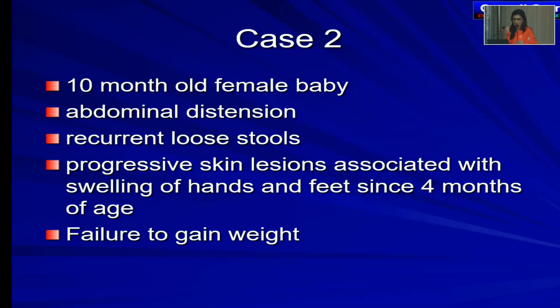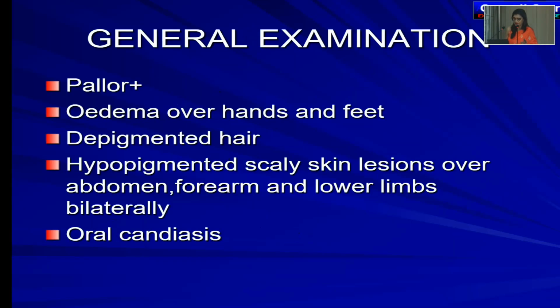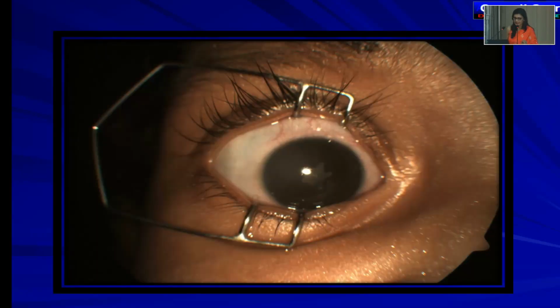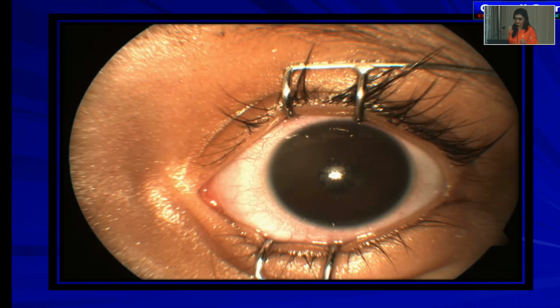This child, a 10-month-old female baby with abdominal distension, recurrent loose stools, progressive skin lesions, and failure to gain weight. These were all the features. There was pallor, edema over the hands and feet, depigmented hair, hypopigmented scaly lesions. Ophthalmic examination showed bilateral anterior uveitis with festooned pupil in both eyes.